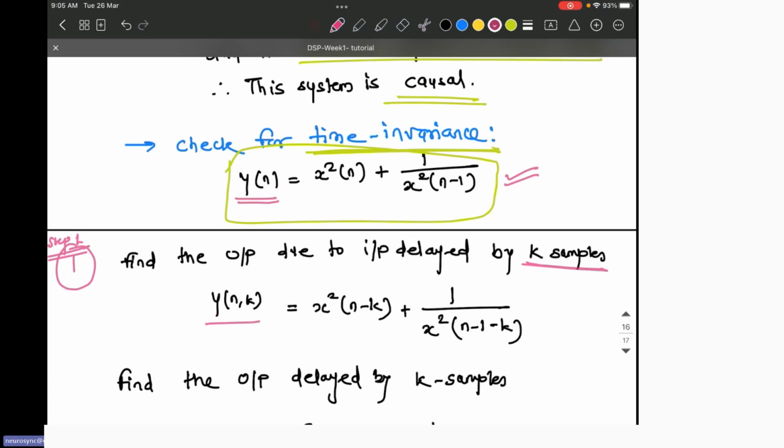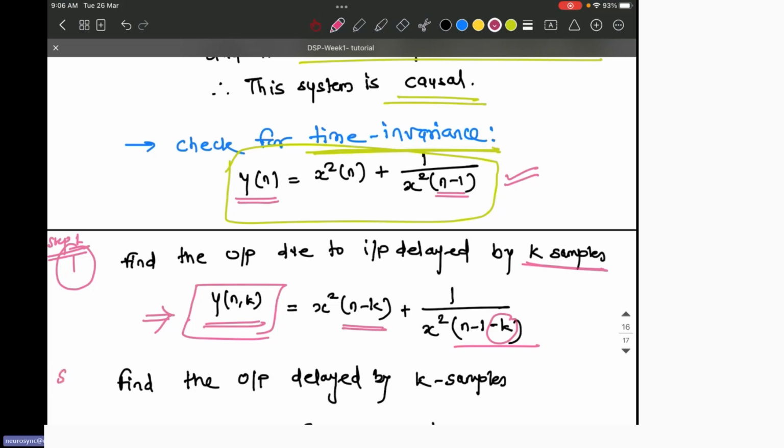This is represented like this: y(n, k). Now I will write here x square(n minus k) plus 1 by x square(n minus 1 minus k). This is the output due to input delayed by the k samples.